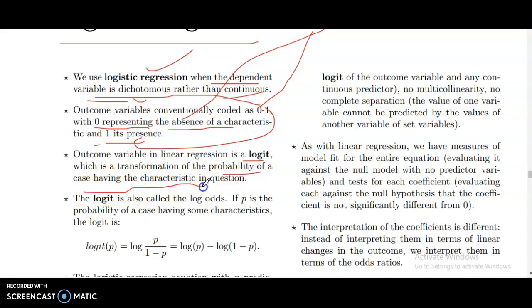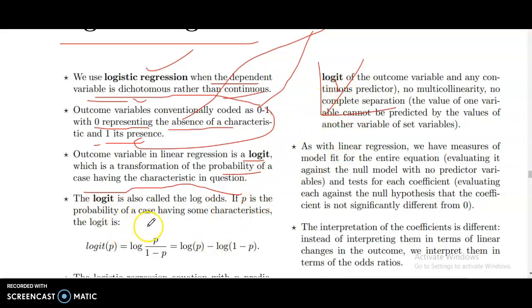The outcome variable in logistic regression is the logit, which is a transformation of the probability of a case having the characteristic in question. The logit is also called the log odds.